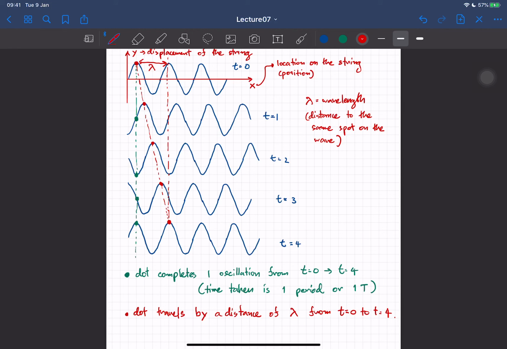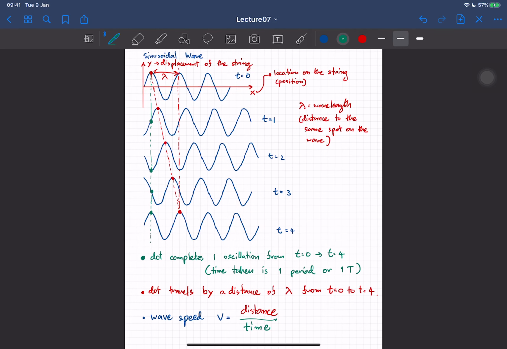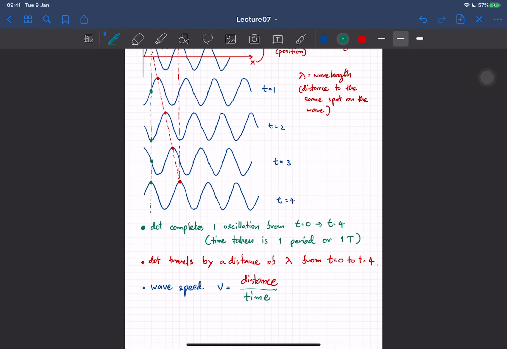So combining these two, I can write the wave velocity or wave speed. The wave speed, v, is just distance divided by time. Okay, the usual definition of velocity, distance divided by time.